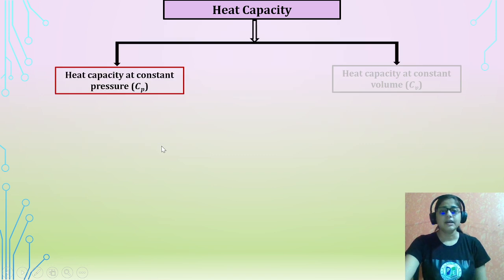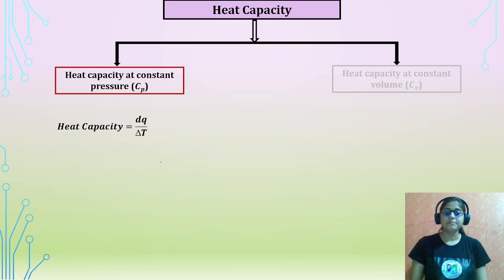So now we are studying Cp, heat capacity at constant pressure. We know that if for 1 gram of substance, dq amount of heat is needed to raise the temperature by, let's say, delta T, then heat capacity will be this one, right?